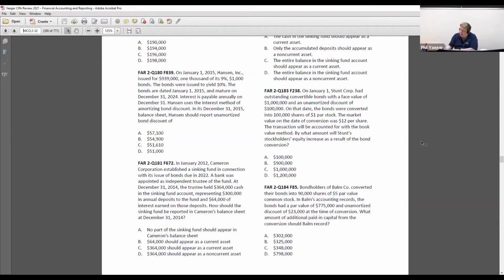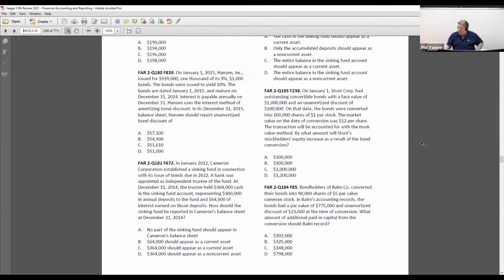Now, does the journal entry balance? Debit bonds payable $1 million, credit unamortized discount 100,000, credit common stock at par 100,000, and the APIC is $11 per share, the difference between the $12 market value and the $1 par.